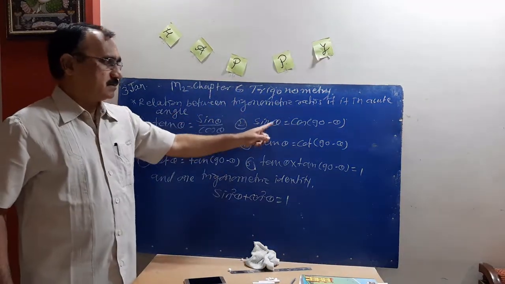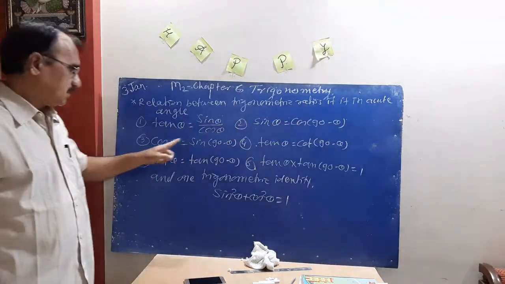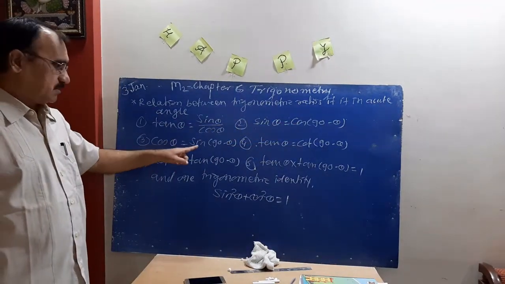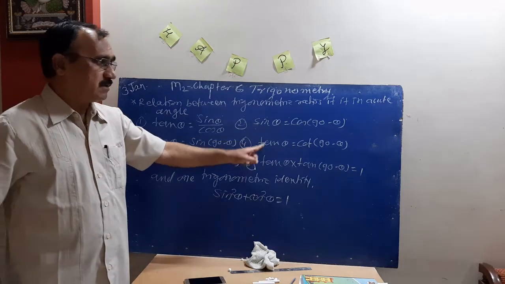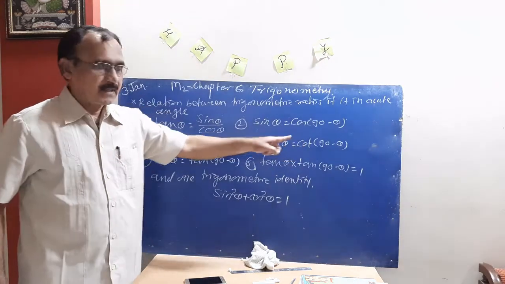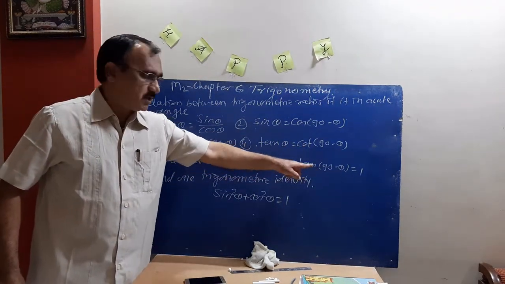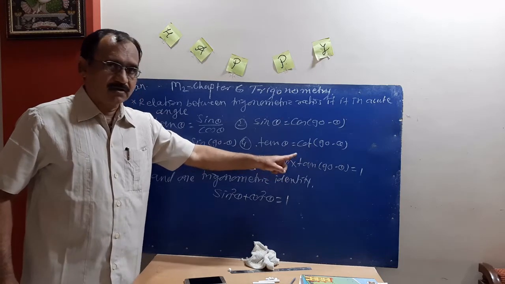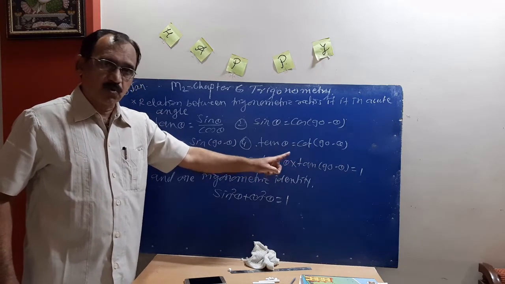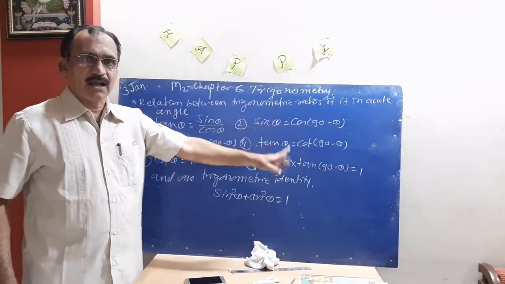If here is sin, there is cos. If here is cos, there is sin. If here is tan, there is cot. If cot is here, tan is there. And tan theta into tan 90 minus theta is equal to 1. This relation we can also prove with the help of a right angle triangle.